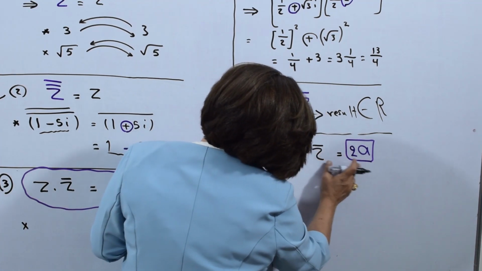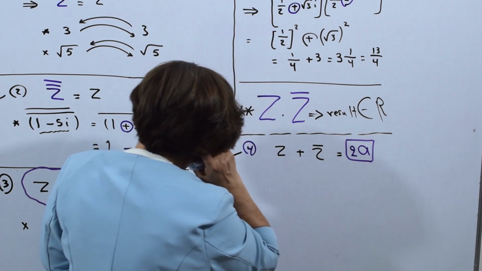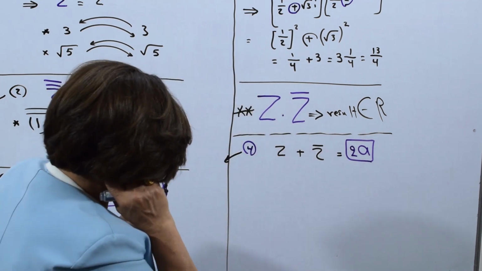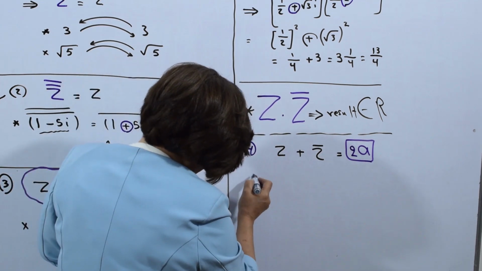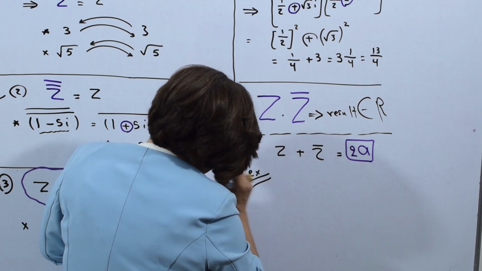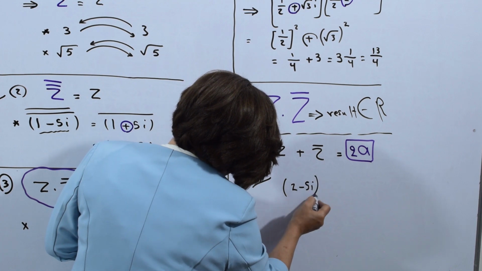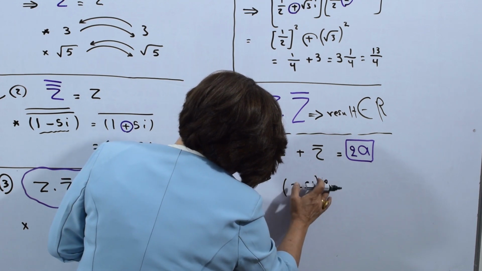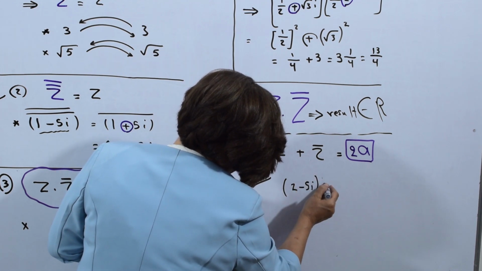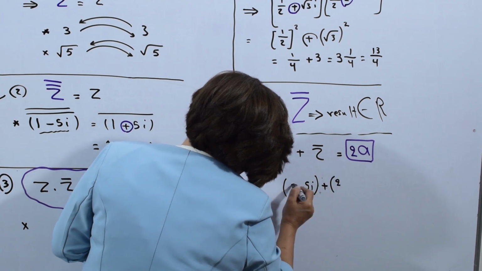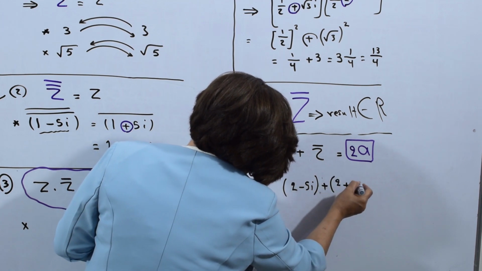That means 2 times the real part، يعني نضرب 2 بالجزء الحقيقي. I take example. Listen to me. 2 minus 5i plus 2 plus 5i.